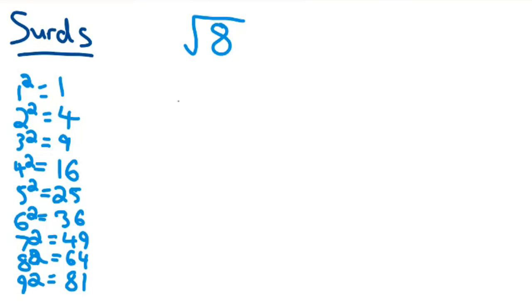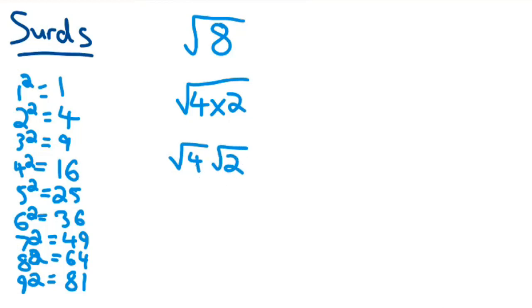So what we can do is try to split up what's underneath the square root into numbers that can be more nicely square rooted. So for instance, we could say that 8 is the same as 4 times 2. And if you have a multiplication underneath the square root, it has to be a multiplication, we can then split these up into 2 separate square roots.